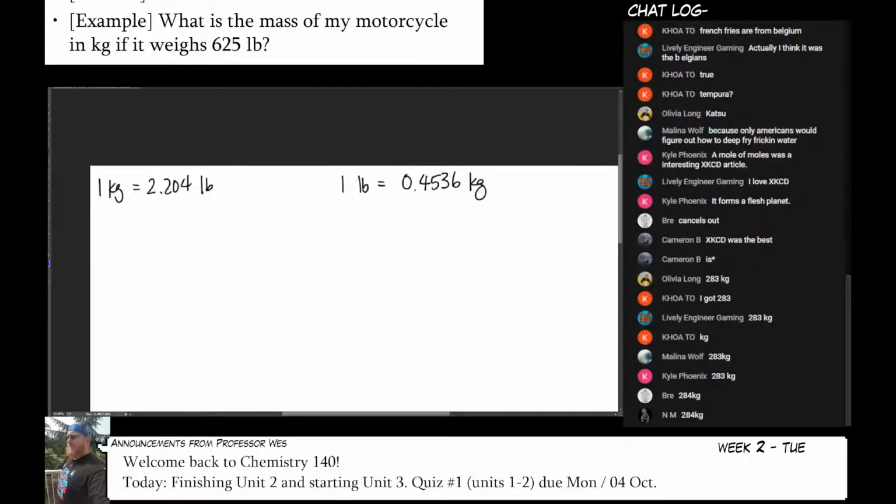Which one should you use? It turns out they are the same. If I divide both sides by 2.204, I would get 1 and 0.4536. So these are actually equivalent, and you can use whichever one you want to. It's just a matter of where the 1 is.